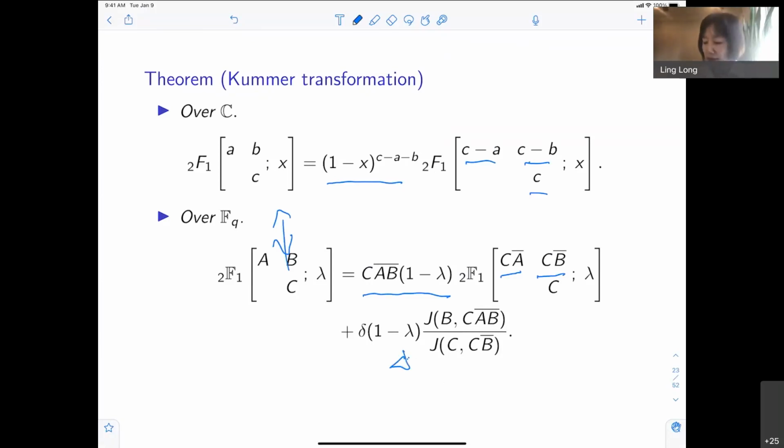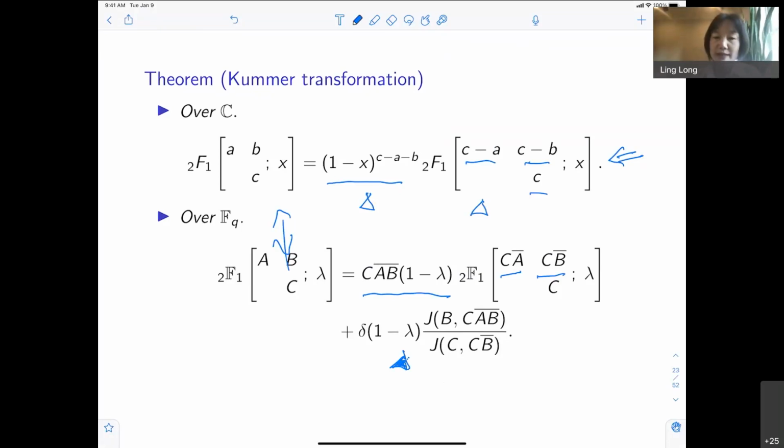The delta term turns out to play a special role when we get to the Pfaff-Saalschütz formula, which is attained in the classical case by comparing coefficients, which I mentioned yesterday. If I compare coefficients as formal power series, there are 2 parts: a coefficient coming from this part and a coefficient coming from that part.